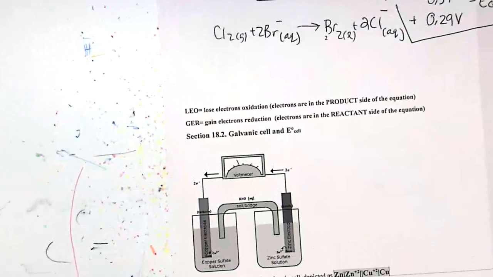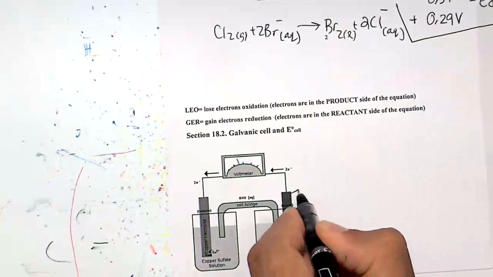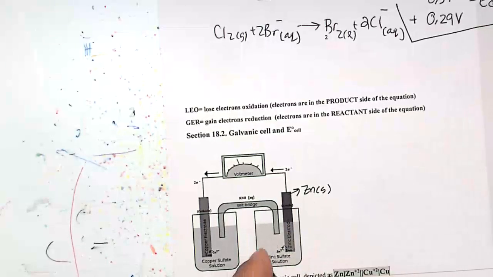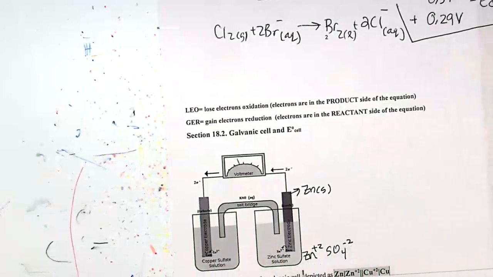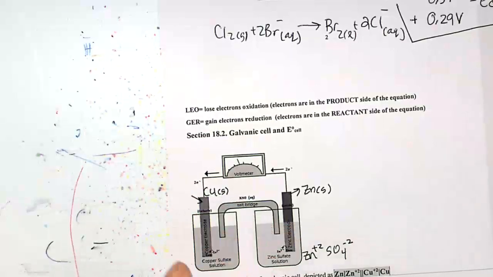So what is a salt bridge and what is all this stuff here? Let's take a zinc solid, and we bathe it in zinc sulfate, dissolved in water. Then in a separate beaker, we have a copper strip and a copper sulfate solution.